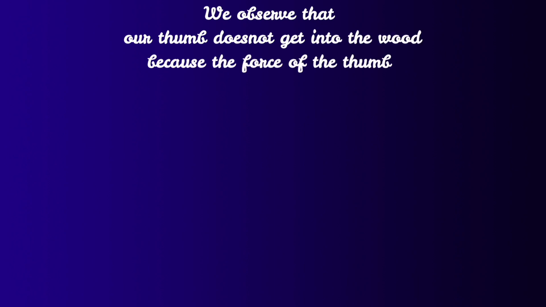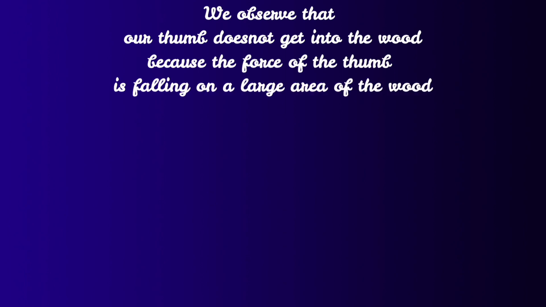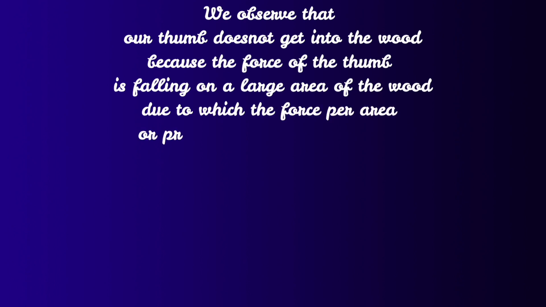What do we observe over here? We observe that our thumb does not get into the wood because the force of the thumb is falling on a large area of the wood, due to which the force per unit area, or pressure, on the wood is small.